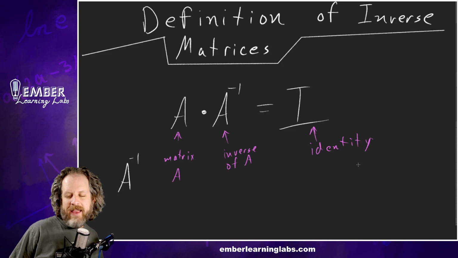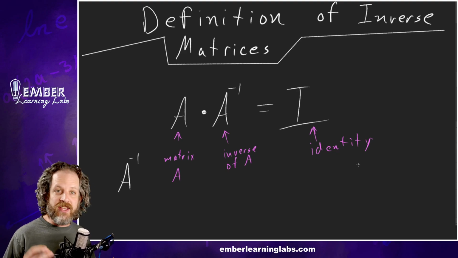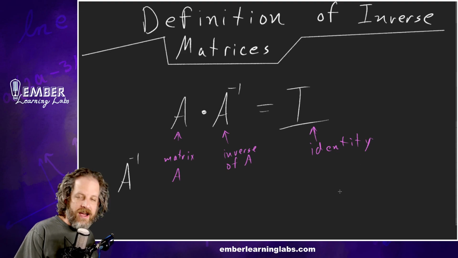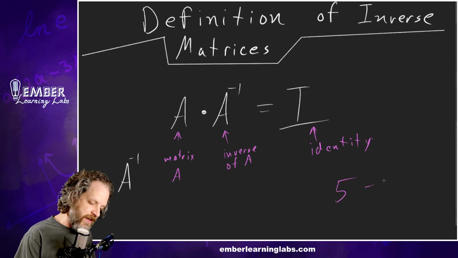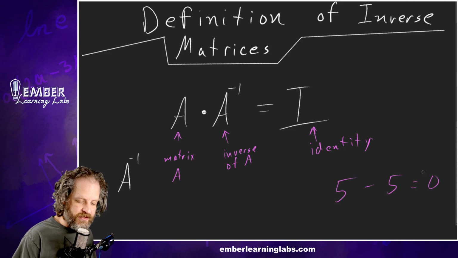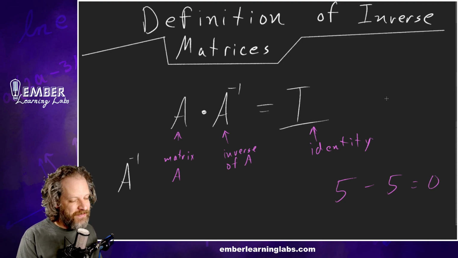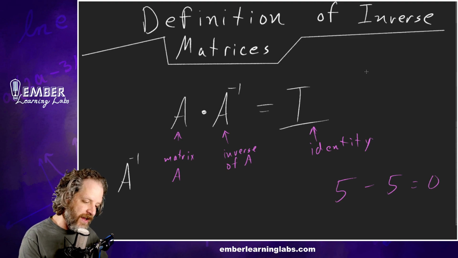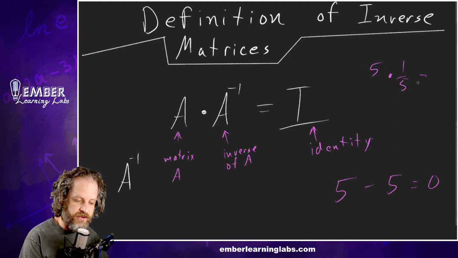So canceling out: when we cancel out addition, we get 0. Like the inverse of 5 is -5, the additive inverse, because it gives us 0. But for multiplication, the result of canceling is 1. So the multiplicative inverse of 5 is 1 over 5, because these two give us 1.